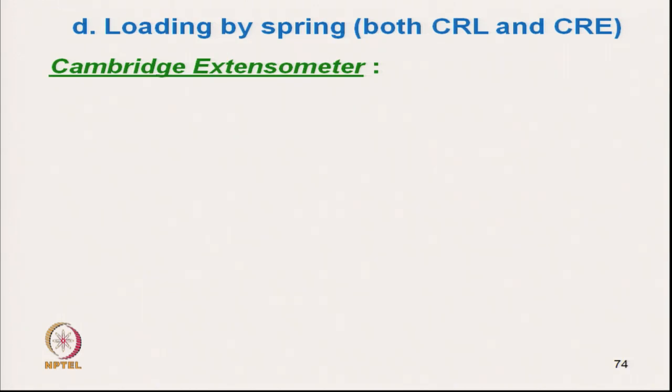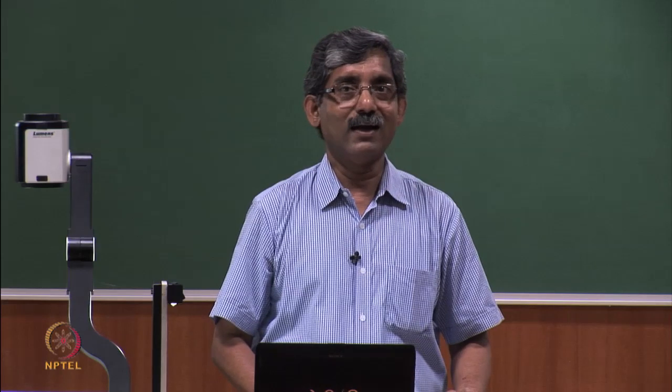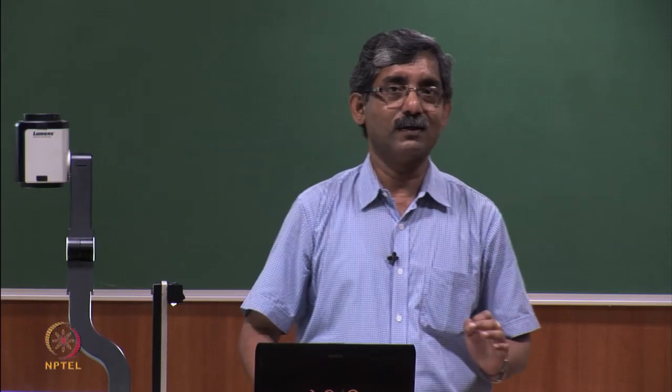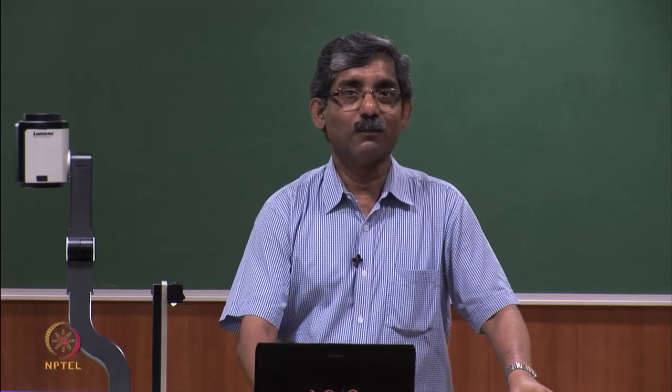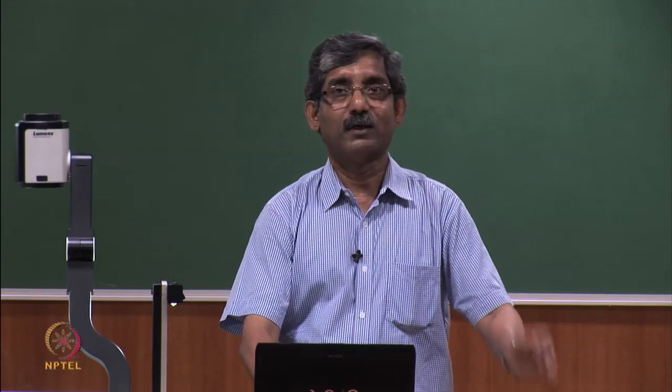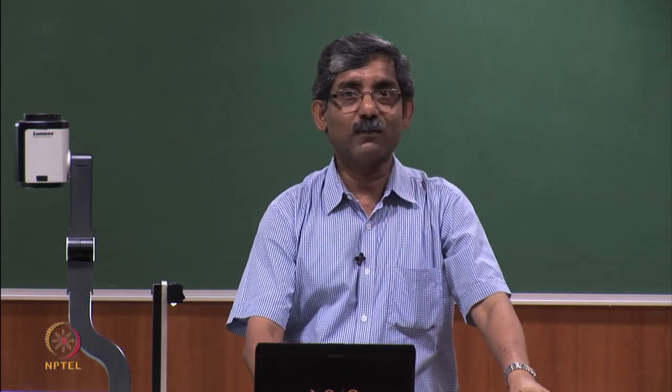This instrument works on both the CRL principle and the CRE principle. This is the unique instrument which works on both principles, constant rate of loading and constant rate of elongation.